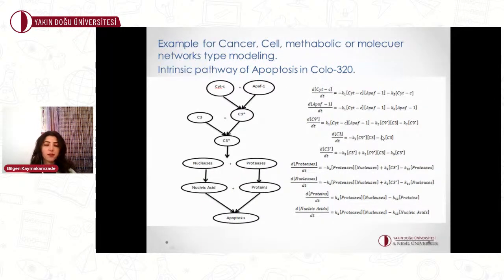Again, here we can divide our compartmental model and understand the structure of the cell and create our system. This is a model for apoptosis, caspase 3 to 9, and we are hoping that this model will be published next month. This is our new model, we are studying it.